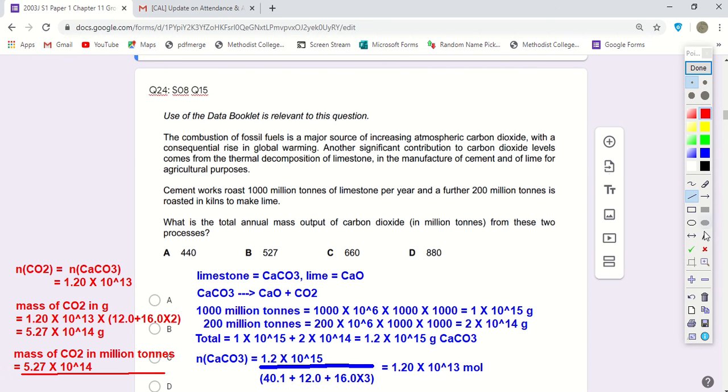Divide by, see just now I multiply 1000, right? Let's divide by 1000. Just now multiply by another 1000, now divide by another 1000. Just now multiply by 10 to the power of 6, now divide by 10 to the power of 6.